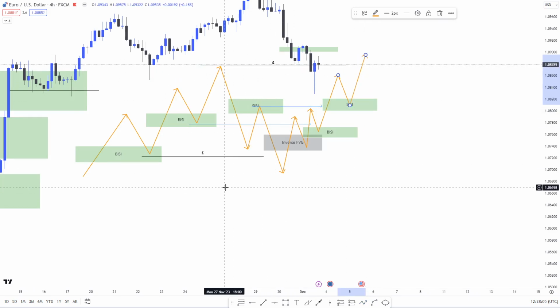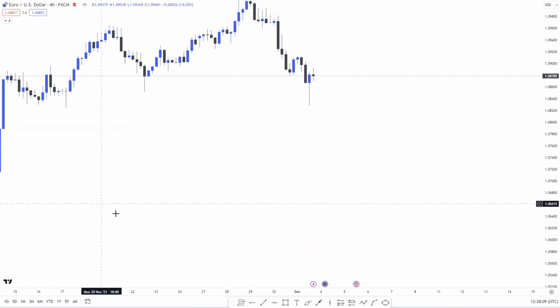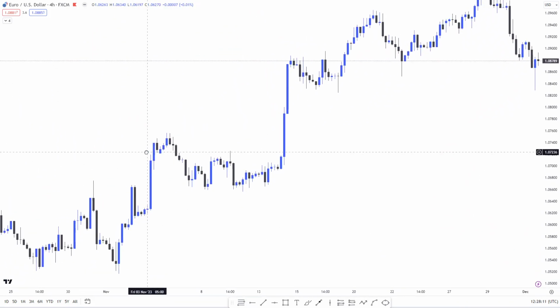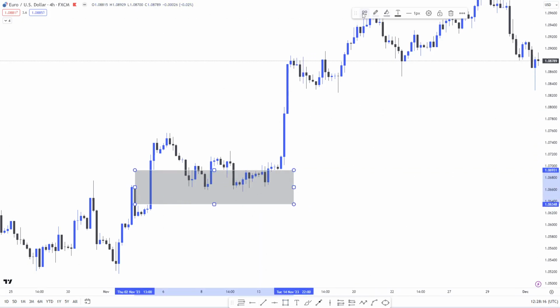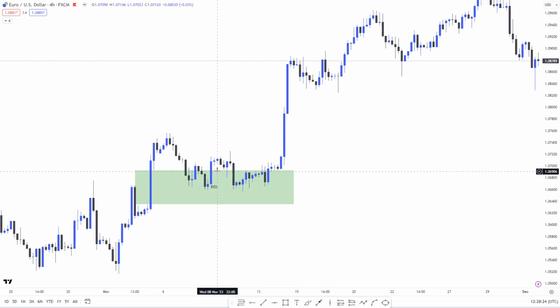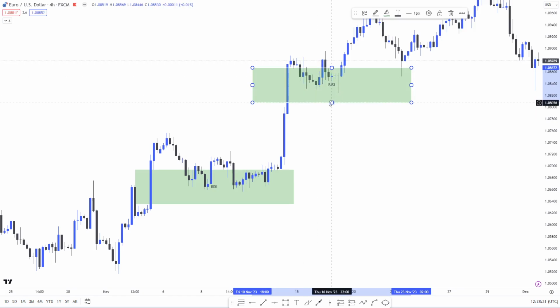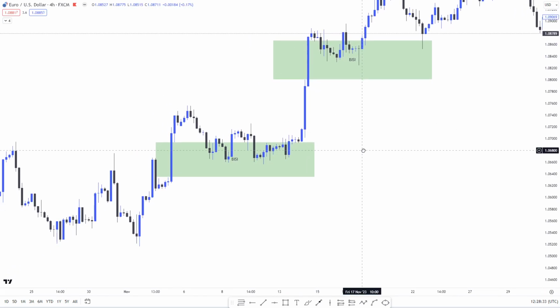So let's look at the facts here and understand that when we move on to this time frame, we utilize understanding where these areas of inefficient price action are. So we know this here is a BISI. We understand that this area here is a BISI.